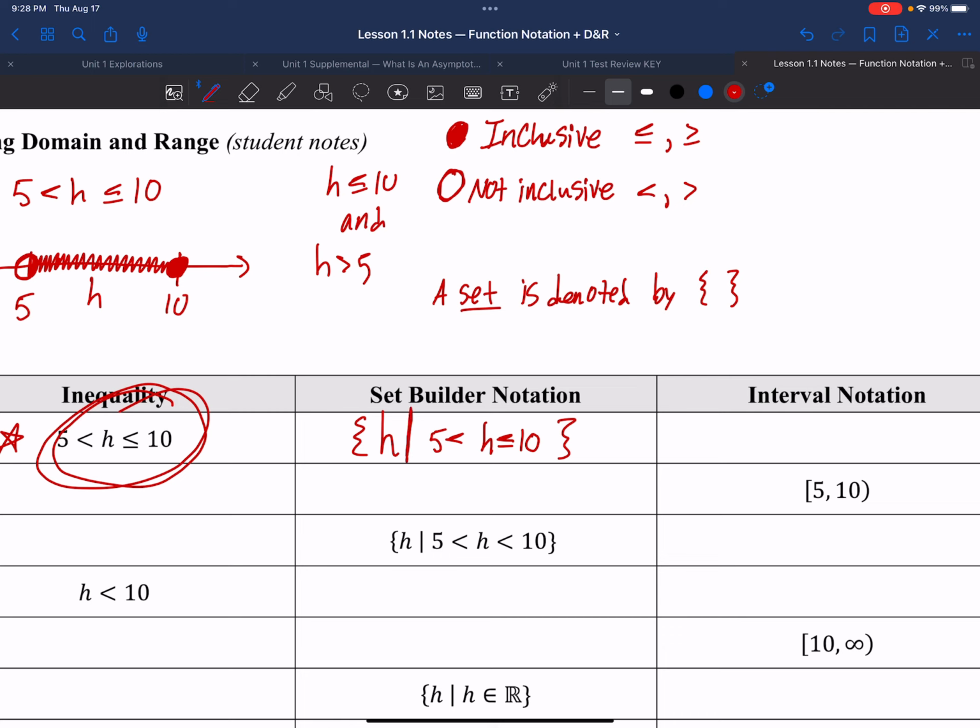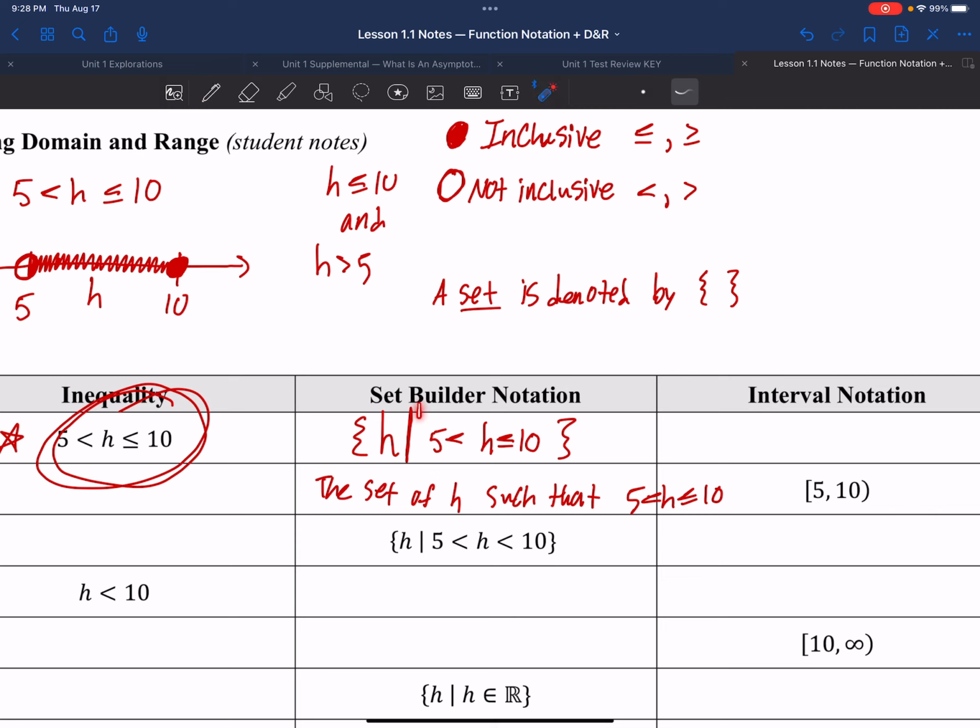Okay, here's how you read this. This is the set, and I know this because of the curly brackets, of H, because of this guy. That little thing tells me what variable I'm talking about, right? What element. The set of H such that H is more than 5, but less than or equal to 10. Okay? That's how you say that. The set of H such that H is between 5 and 10.